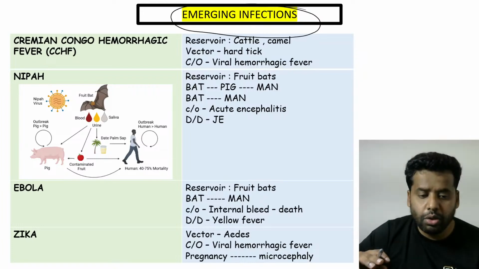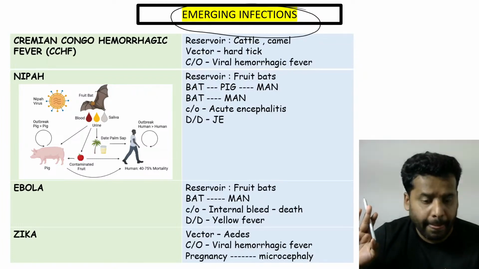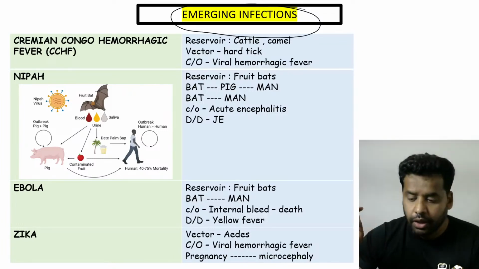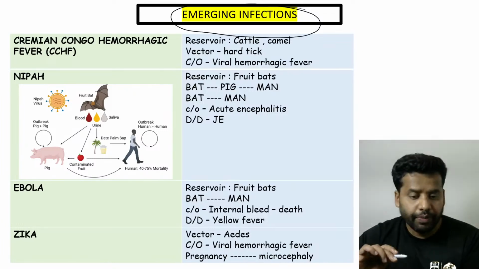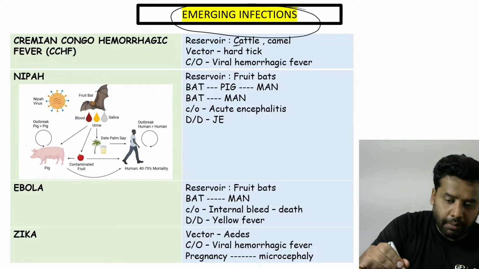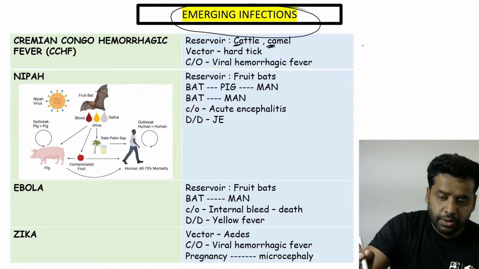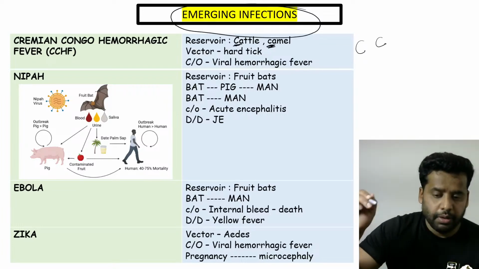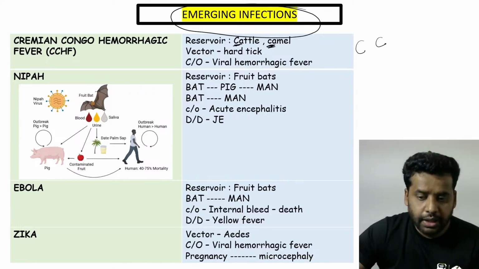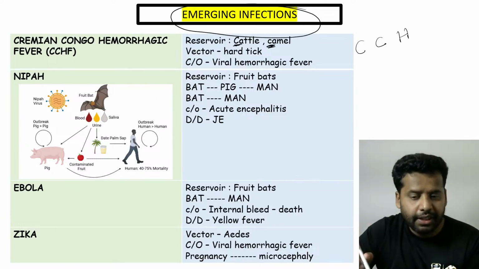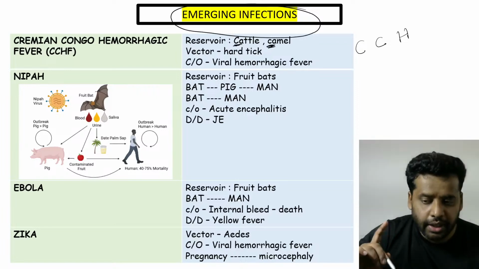Crimean Congo hemorrhagic fever. See the words properly. What is the reservoir for this? Cattle and camel. C for cattle, C for camel. That is the reservoir. The vector is hard ticks. Remember like this. CCHF, F for fever.